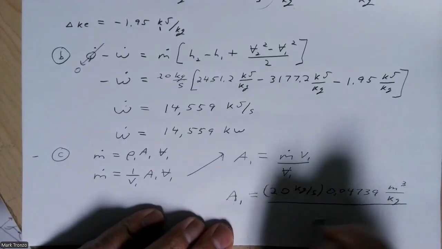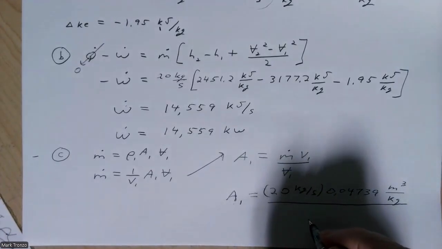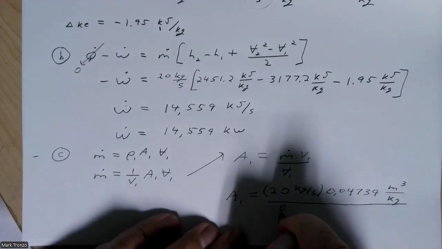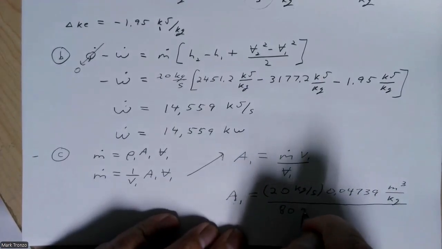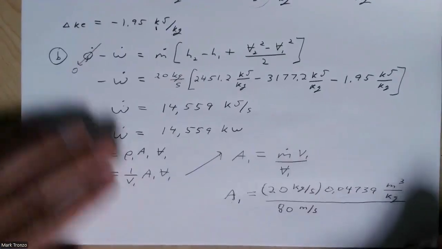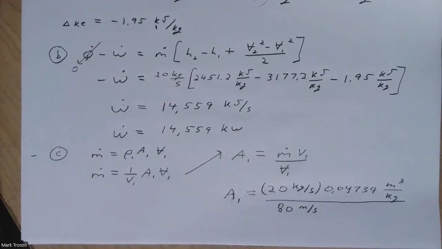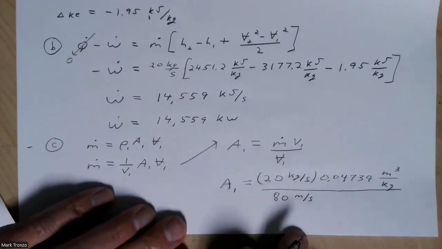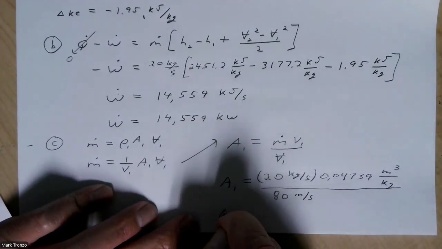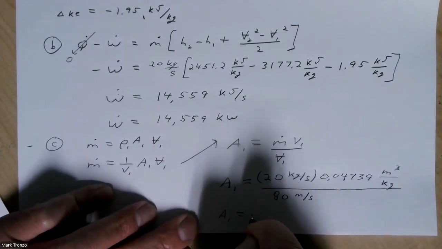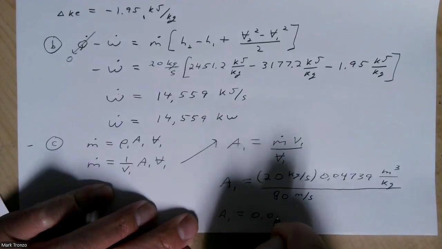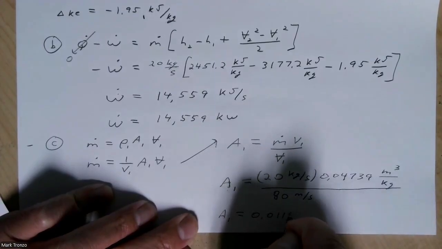And divided by the inlet velocity, which is 80 meters per second. And so our area is going to be 0.1185.